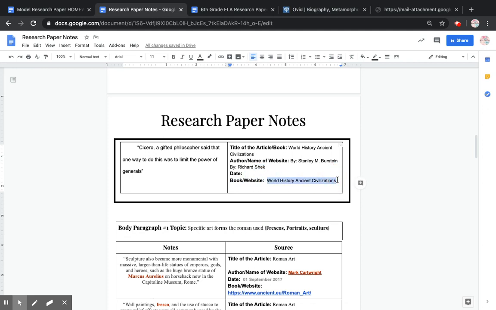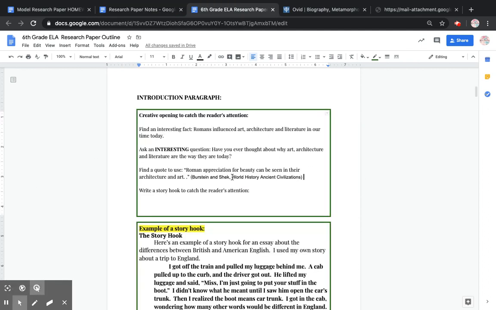Hold on one second, guys. All right, guys, so I had my quote here, and I'm going to quote it right here and cite where I found that information. So I put Bernstein and Sheik, World History, Ancient Civilizations. I did that just for the purpose of letting my readers know that this isn't my own words. I got it from this source.